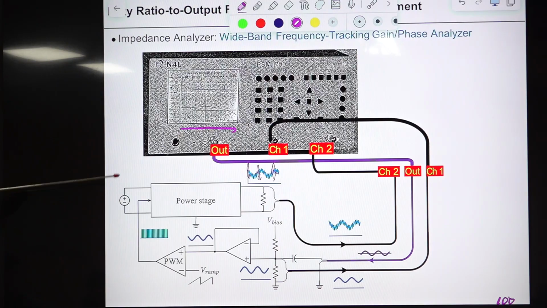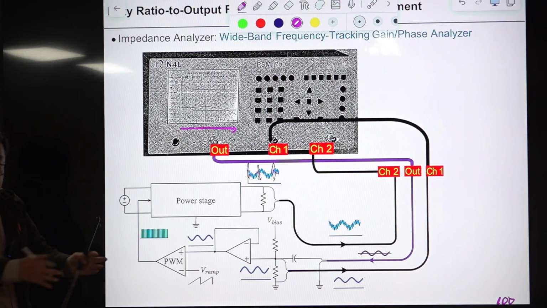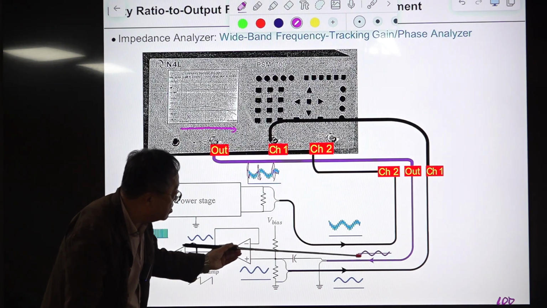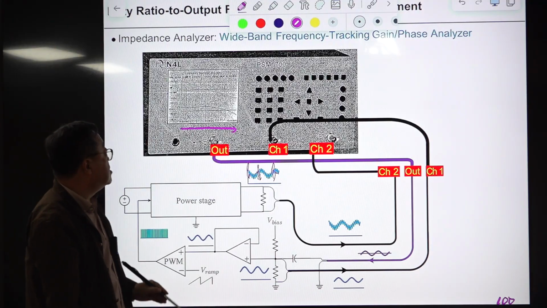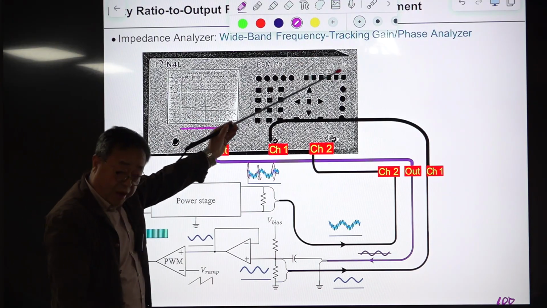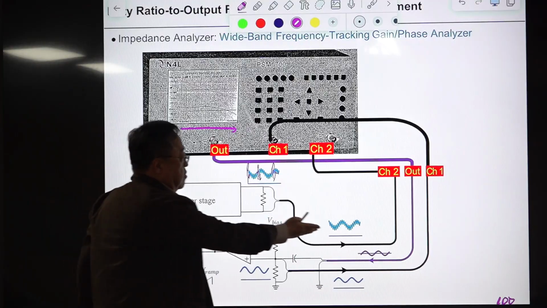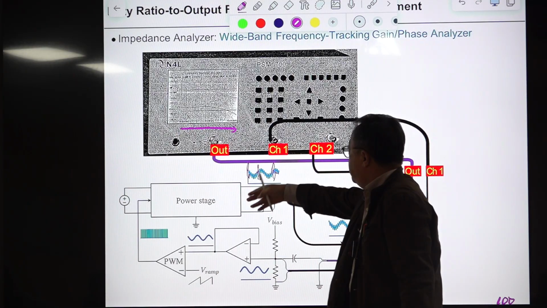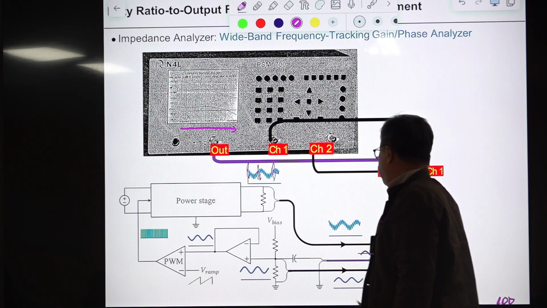This waveform is crazy, okay? There is a lot of noise, but just get rid of all the noise and just extract this frequency component. This is called frequency tracking. It's tracking the excitation frequency through these complicated, contaminated, corrupted waveforms.